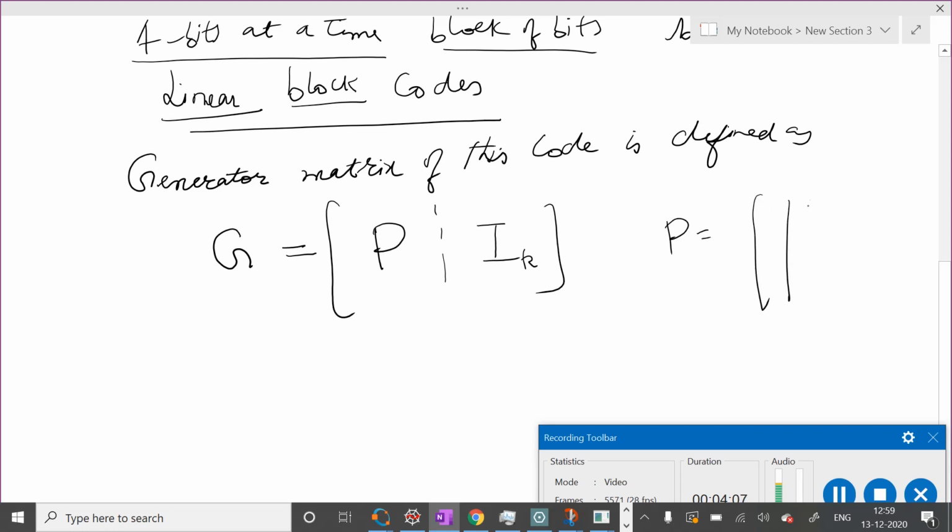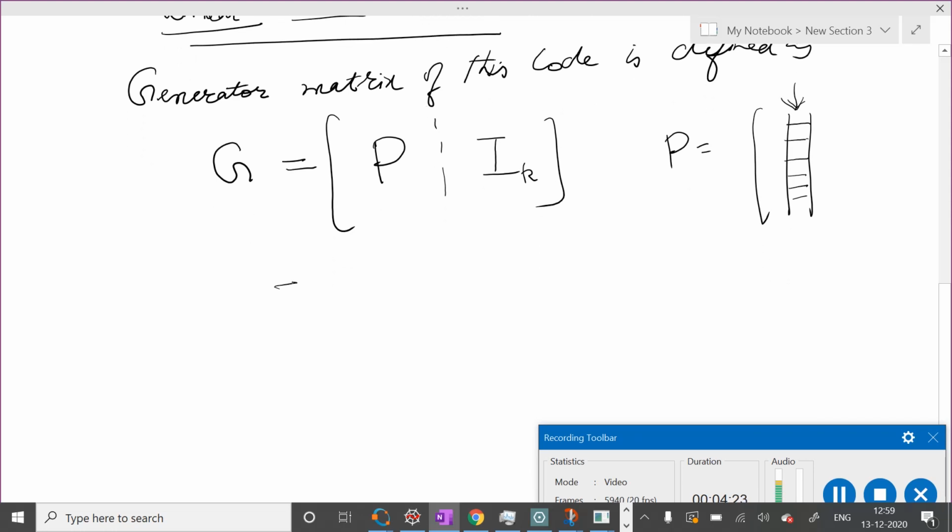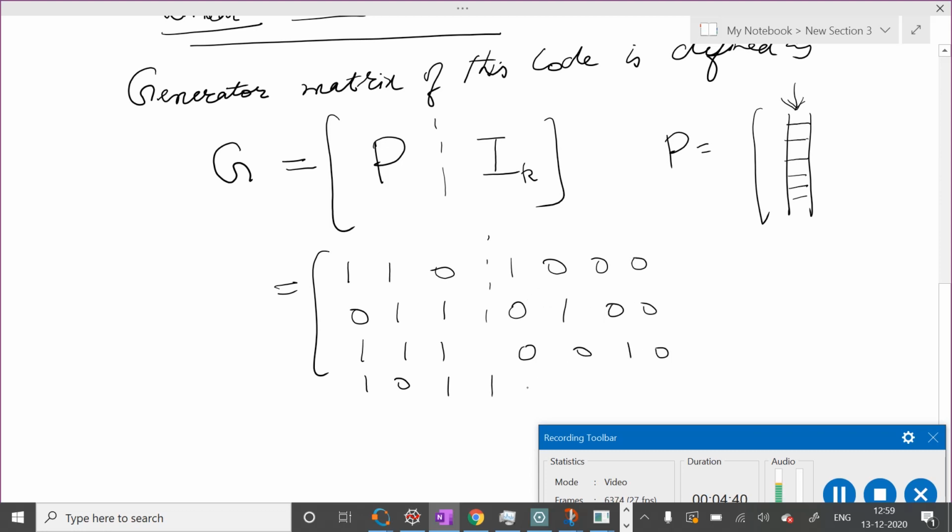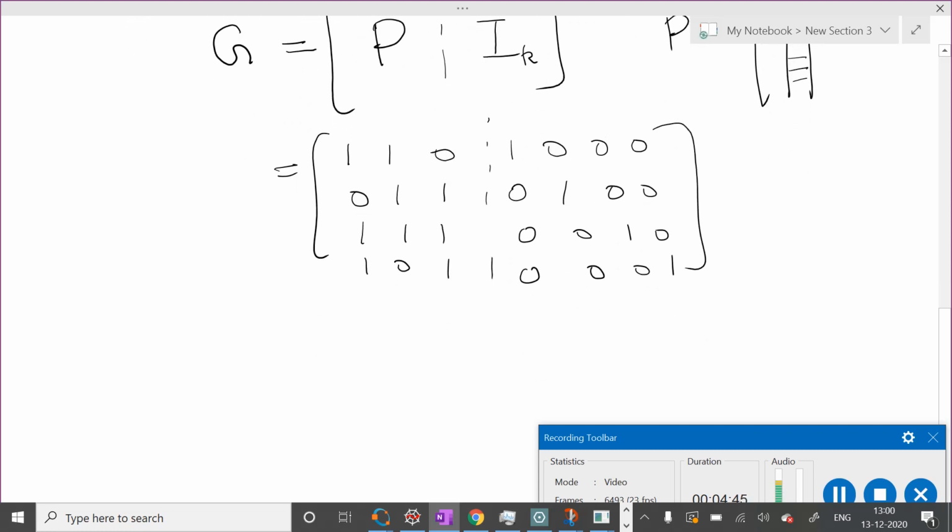The significance of the columns of P is that whichever bit is 1, that particular message bit is XORed together. Suppose I have a G of this structure, P with rows 1 1 0, 0 1 1, 1 1 1, 1 0 1, then I_k, the identity matrix, 1 0 0 0, 0 1 0 0, 0 0 1 0, 0 0 0 1. Okay, now what does it mean?